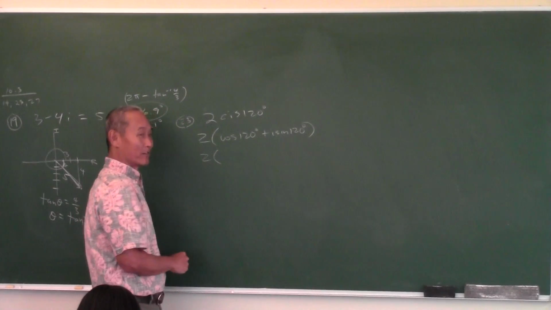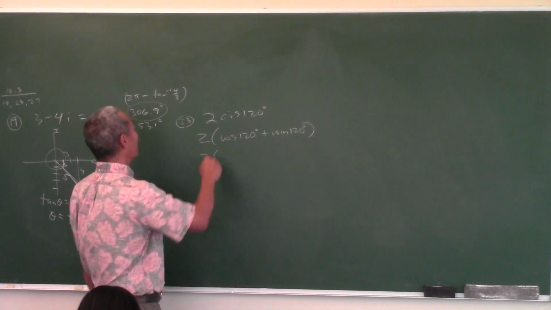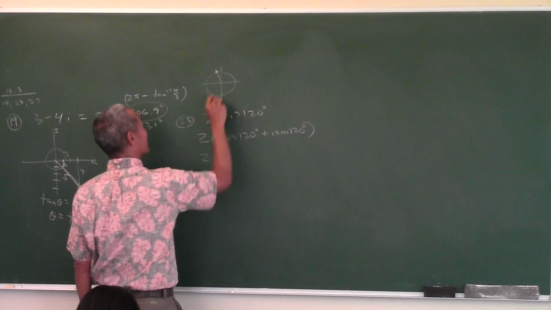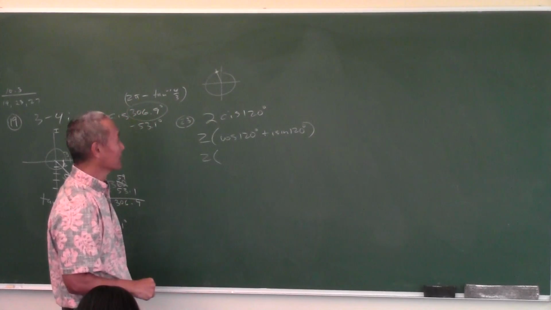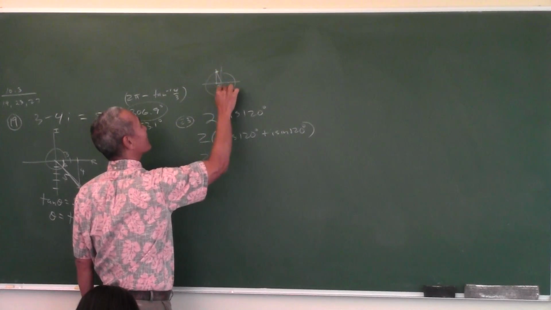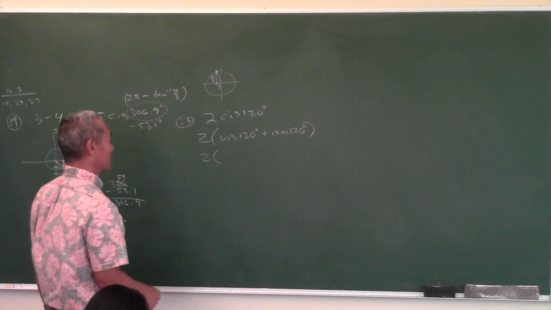What is the cosine of 120 degrees? Let me draw the unit circle. 120 degrees is right there. What is the x coordinate of that point? Look, you make the triangle. When the short one is a half, the big one is root 3 over 2, like we always did. So negative half.